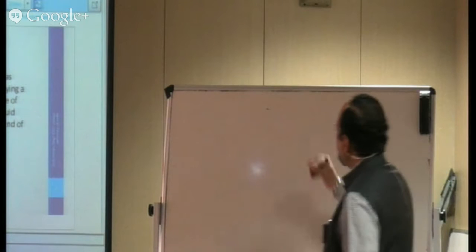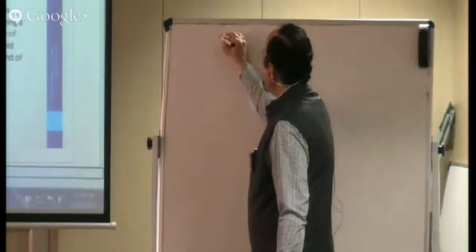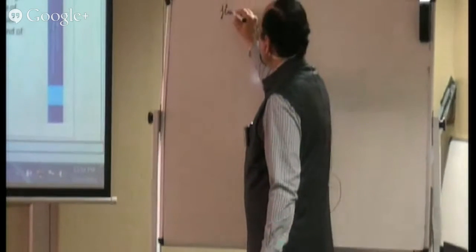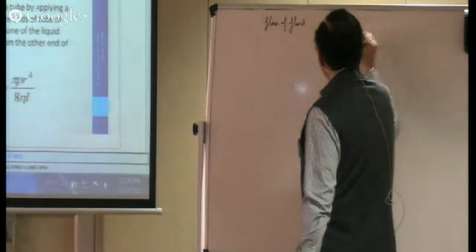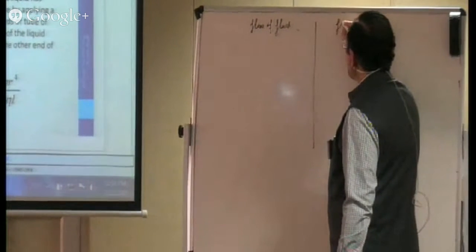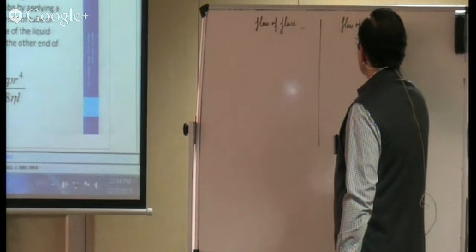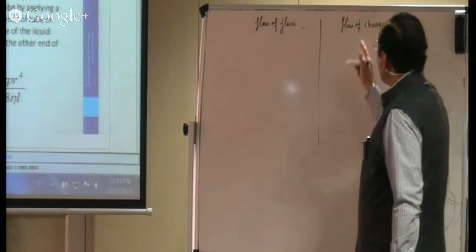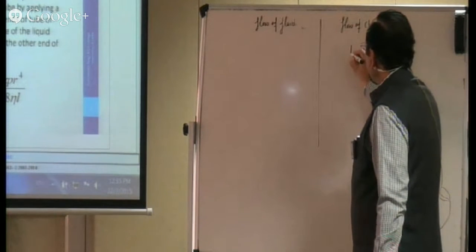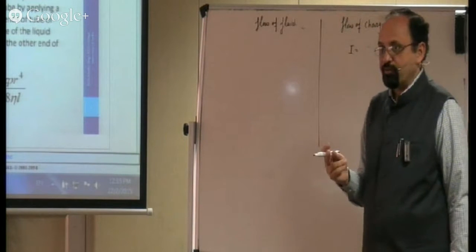See, if I make, say, the flow of fluid on this side, and the flow of charges on this side, then current is basically the rate of flow of charge.